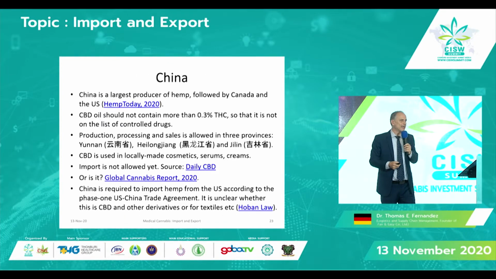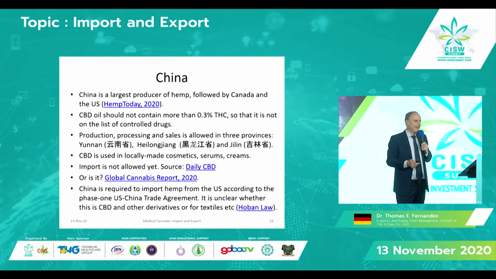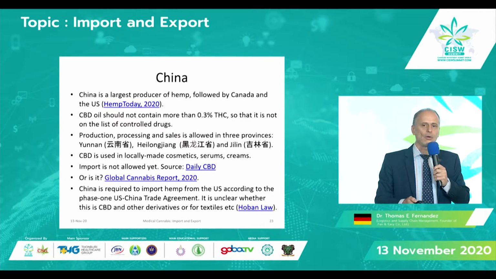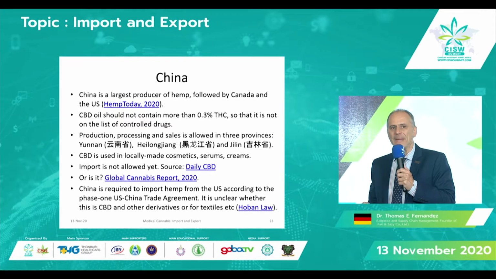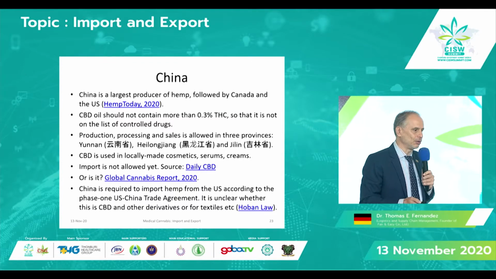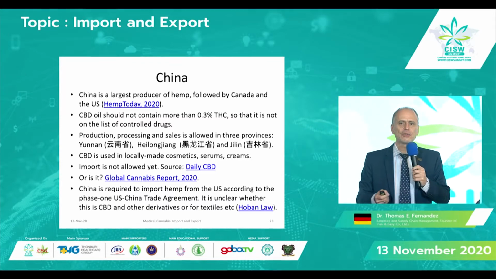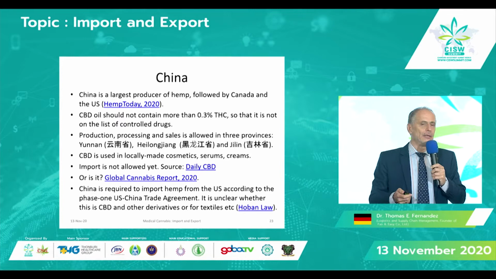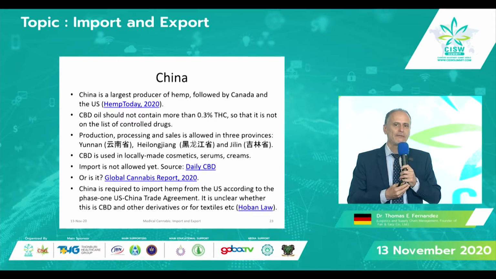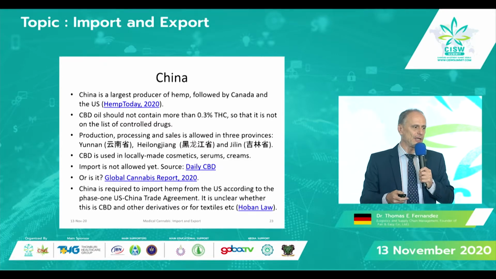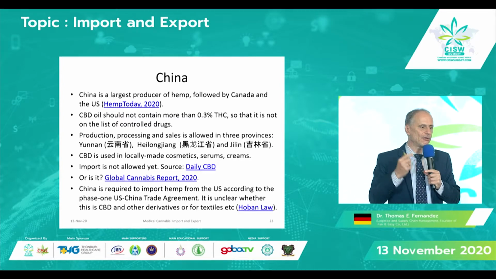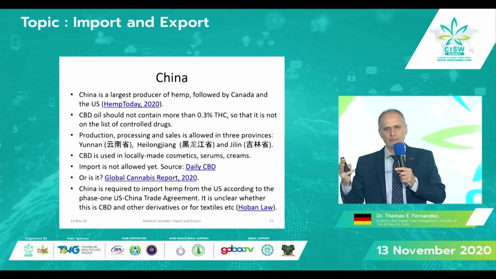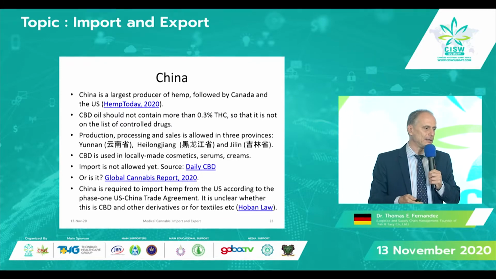China is the largest producer of hemp and also one of the biggest exporters of medical cannabis in the world. Their threshold is 0.3%. If it's over that, it's a controlled drug. Production is limited to 3 provinces, so it's very regulated in China, right? And they use the CBD products exclusively for cosmetics, serums, creams, not for medical use.